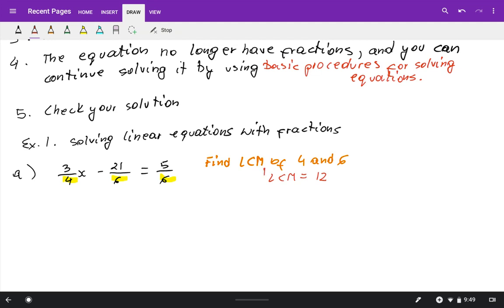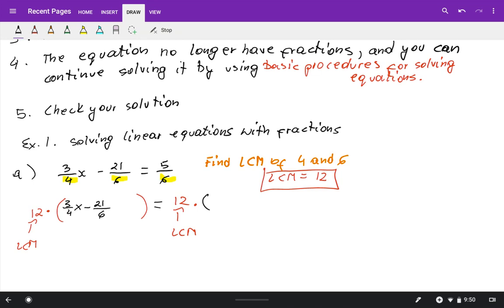When we find that LCM, next we're going to multiply both sides of the equation by the LCM. So like you see, this is the LCM, and in parentheses I copied our original equation, which is 3 over 4 x minus 21 over 6 equals, and I multiply the right side by 12 times 5 over 6.